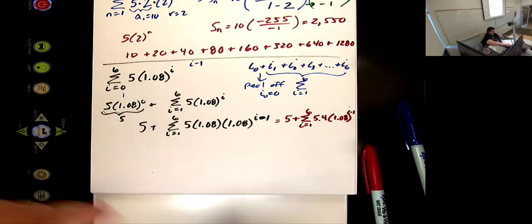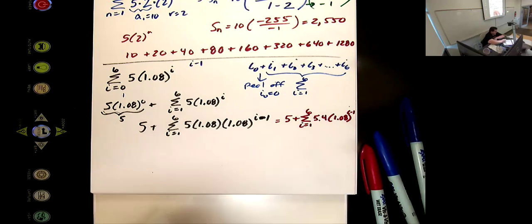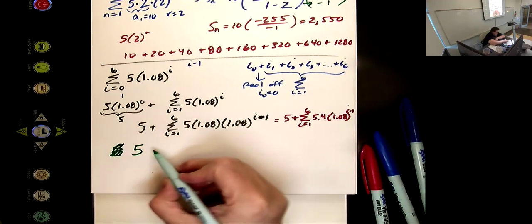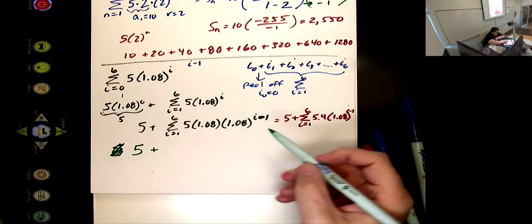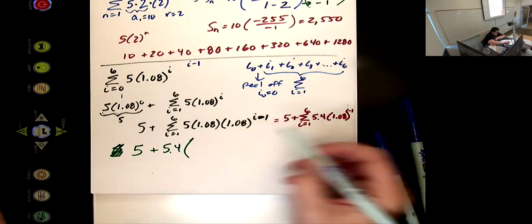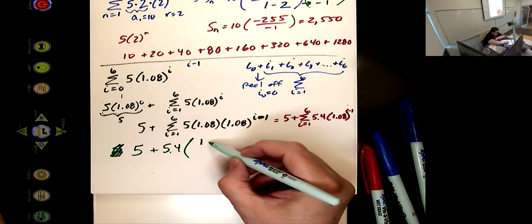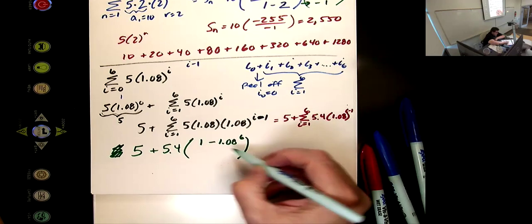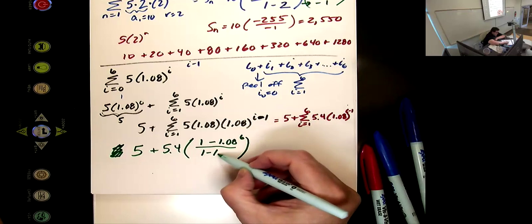So what we've got is 5 plus a sub 1, which is 5.4, times 1 minus 1.08 to the 6th power over 1 minus 1.08.